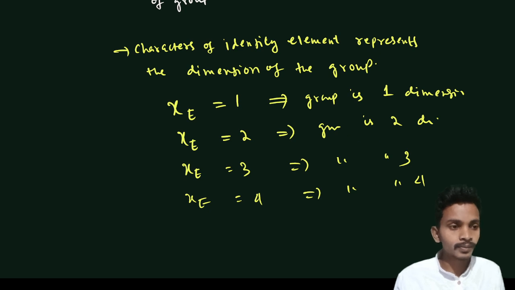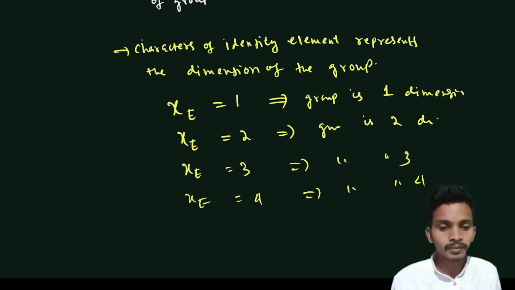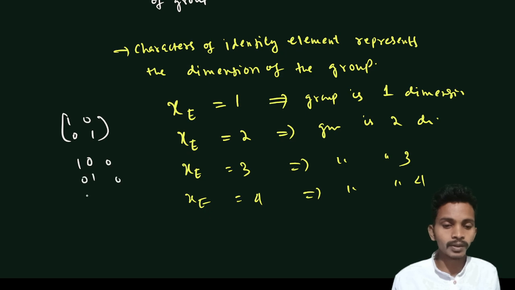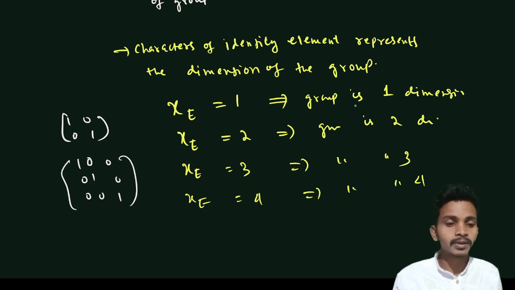Okay, so 2 dimensions means 1 0 0 1. This is the 2 dimensions. 3 dimensions means 1 0 0, 0 1 0, 0 0 1. This is the 3 dimensions, like that. So for 1 dimension only 1 is there, and for 2 dimensions, 2 will be there, for 3 dimensions, 3, for 4 dimensions, 4 will be there, like that.